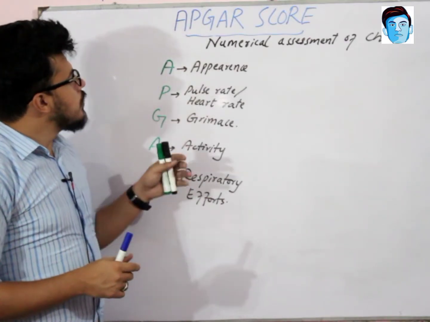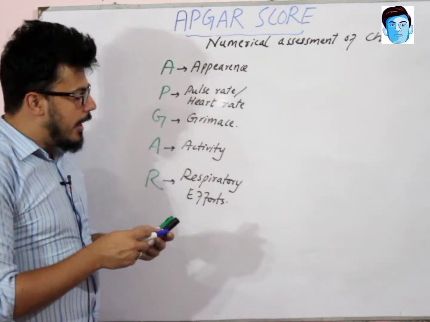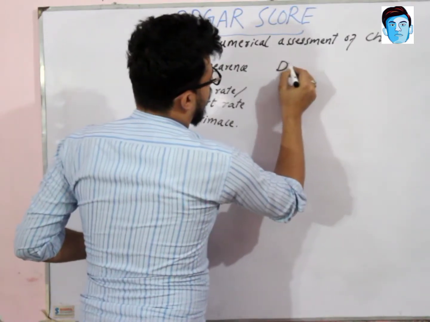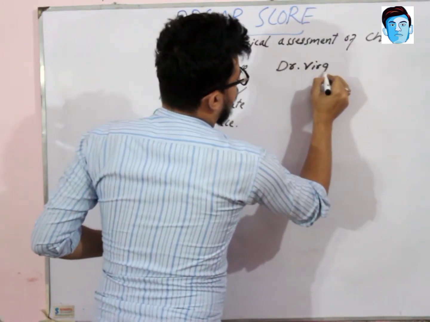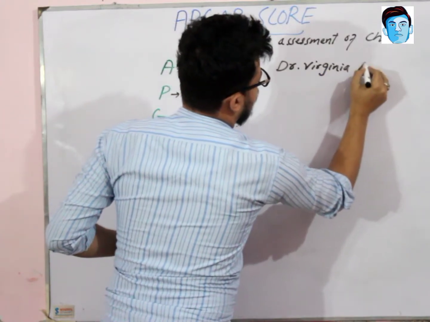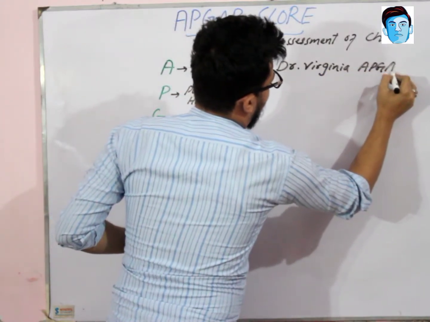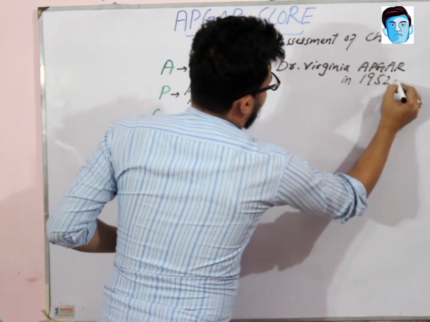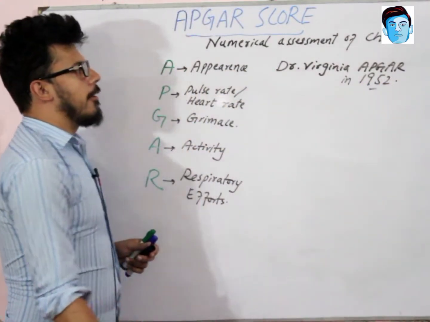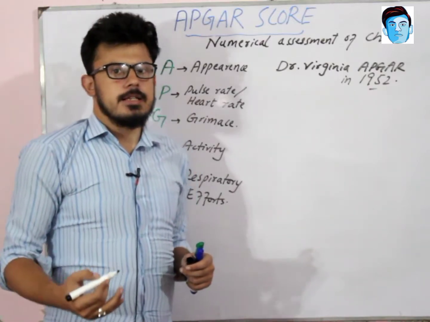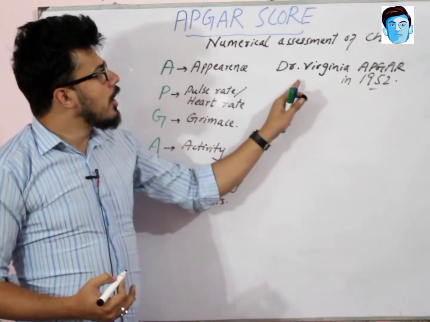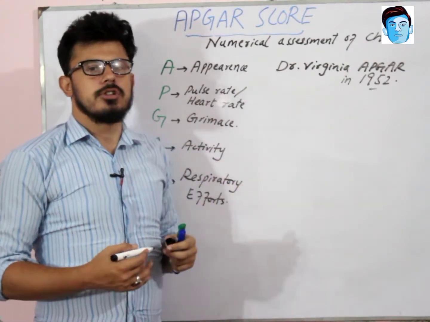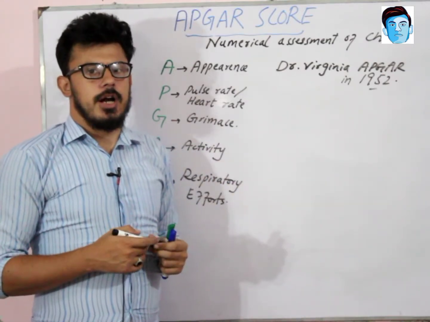Now, APGAR scoring was discovered by Dr. Virginia APGAR in 1952, who was actually an anesthetist, and she discovered this scoring for the numerical assessment of a child.